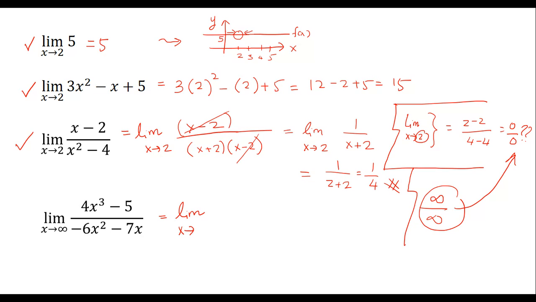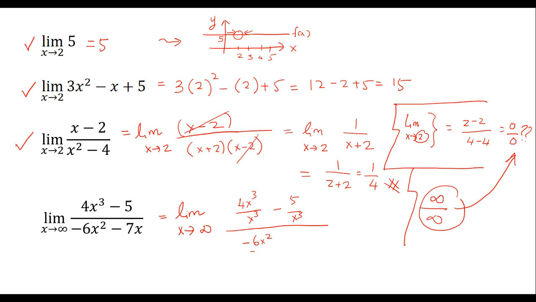interesting in a way. What we do is find the biggest power of x, in this case x cubed. You just divide each and every term by the biggest power that you find, the largest power.